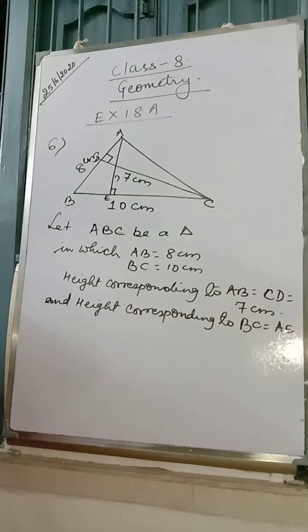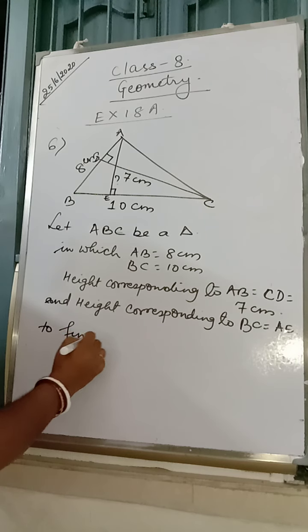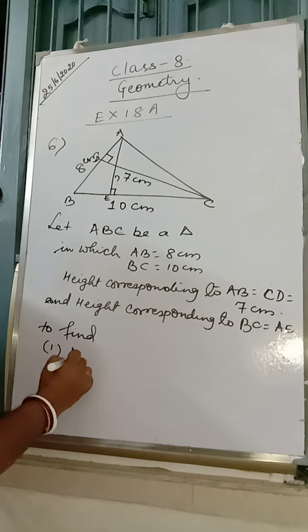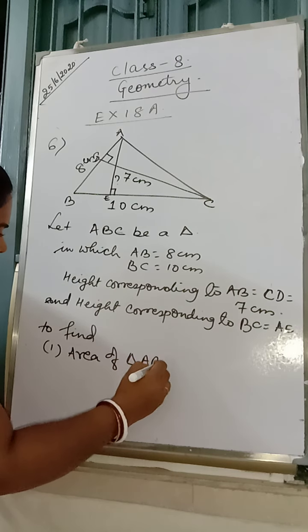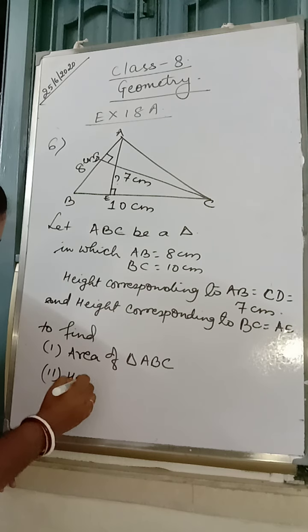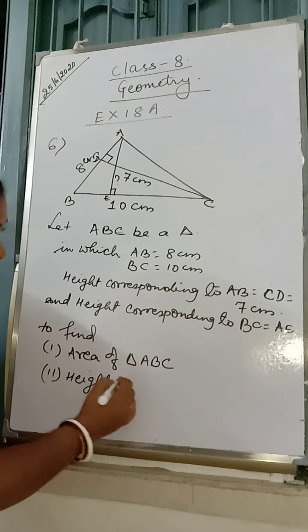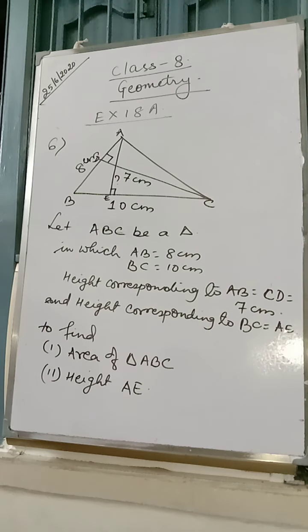This I have taken. To find number 1, area of triangle ABC, and number 2, height AE. This much is given and you have to find this.